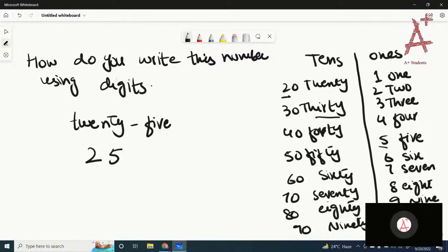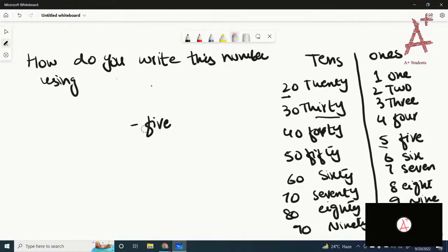Okay, the next one is how do you write this number using words? Now you are given the digits and you have to write it in words. And the number is 45. Okay, so like we pronounce 40, first we pronounce the tens digit.